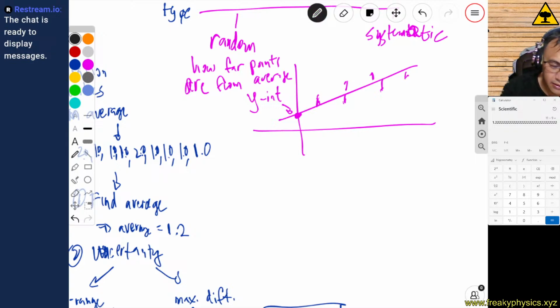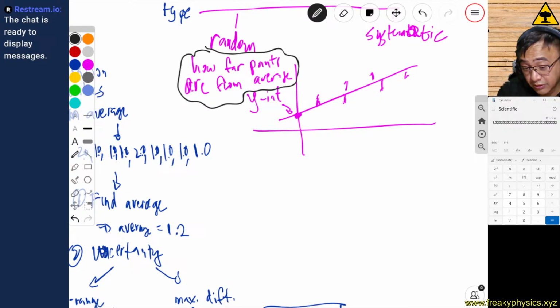Again, random error, random uncertainty, it's properly called error, is how far your points are from your average. In other words, it's this distance to that point, this distance to that point, that distance to that point. Of course you've learned this several times before, but I want to emphasize this again.